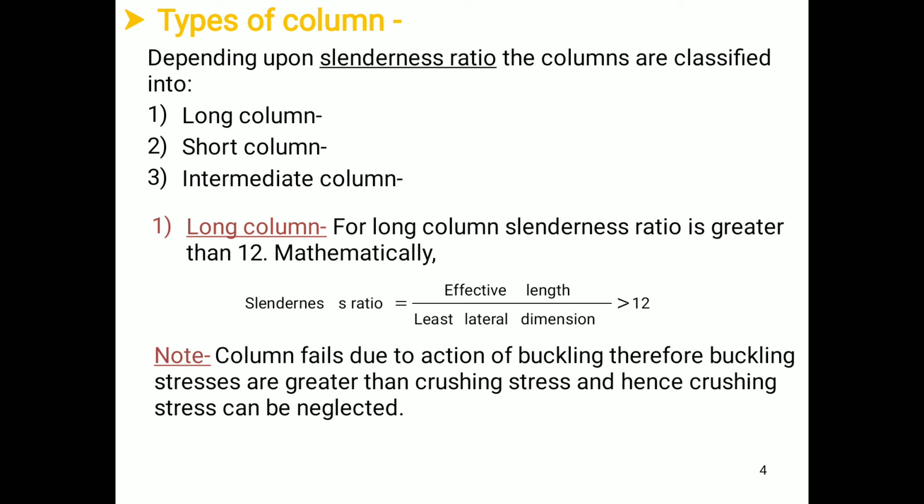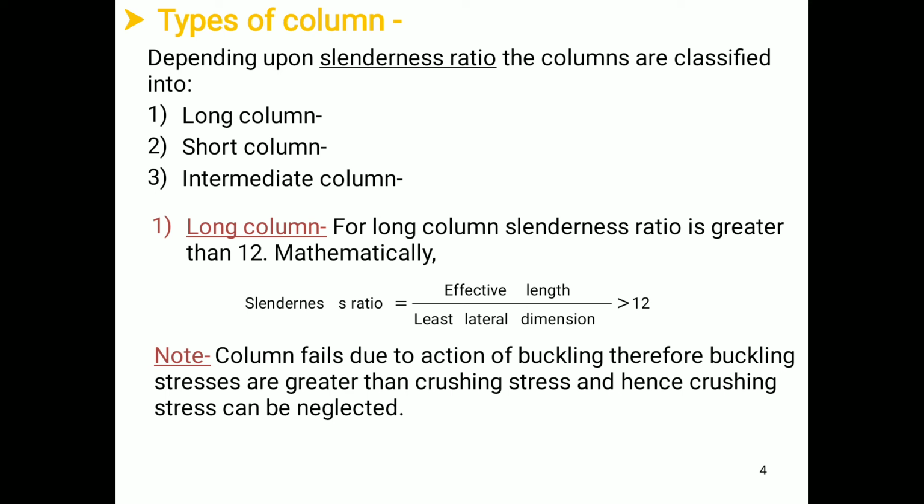In case of a long column, the column fails due to the action of buckling, therefore the buckling stresses are greater than the crushing stress, and hence the crushing stresses can be neglected. For a long column, as its length is greater than the other two cross-sectional dimensions, the failure takes place due to buckling instead of crushing.